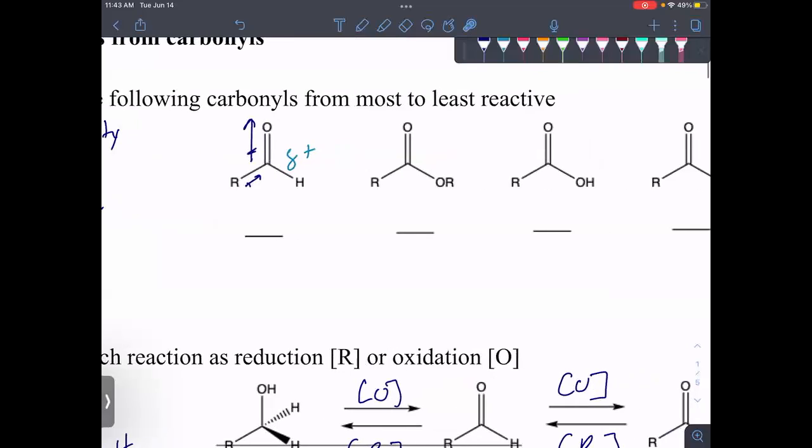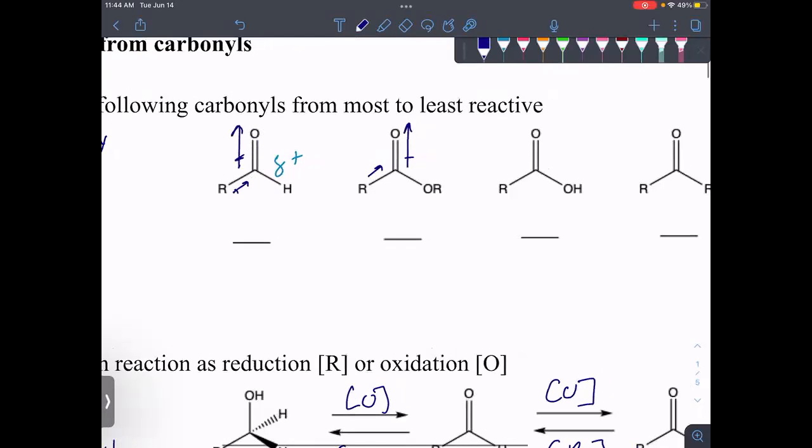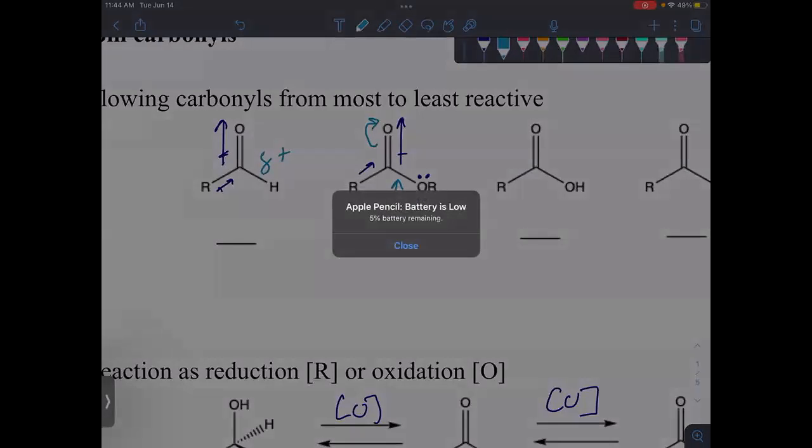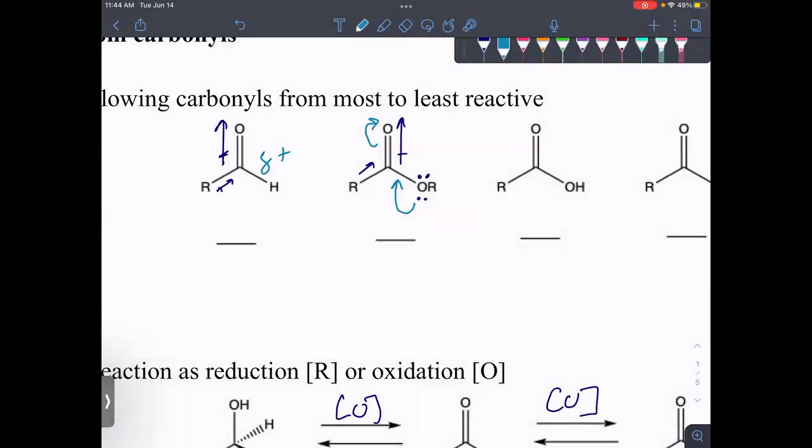When we look at the ester over here, we can count the same things. So the oxygen is taking away density. The R group is donating a little bit, but one of the biggest factors here is this oxygen. So this oxygen is going to actually go in and do resonance. So you can do that, and then these electrons go up there. And what happens with this resonance?